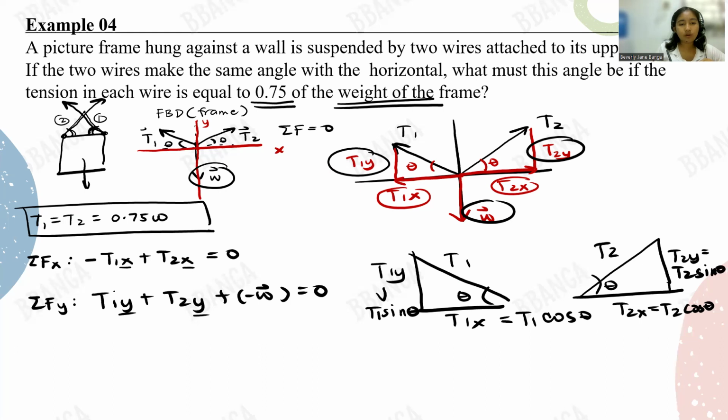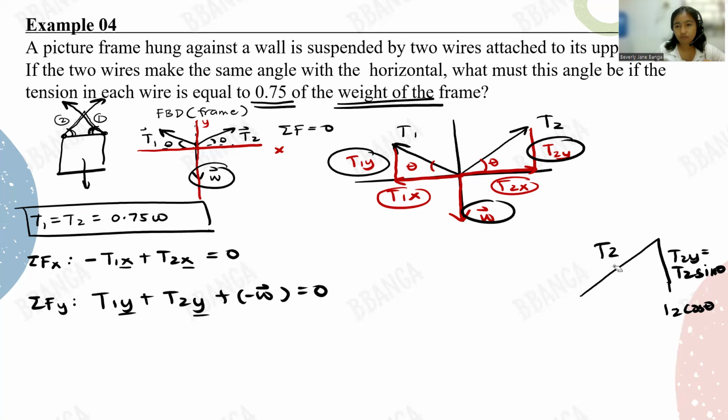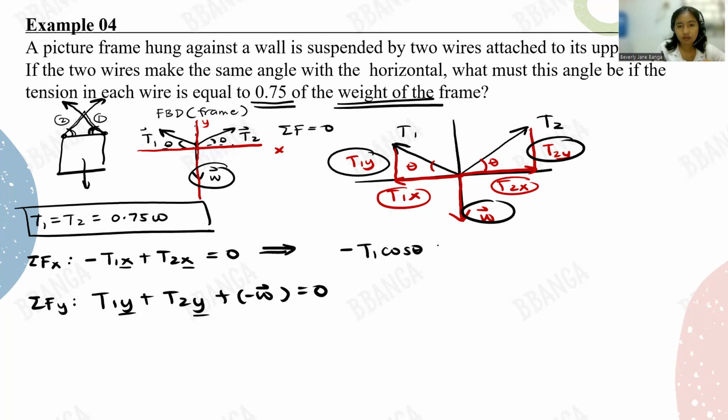Okay? So I'm going to rewrite this equation. Palitan ko na to at tanggalin ko na to since na ayos naman na natin. So we simply have negative T1 cosine theta is equal to, tanggalin ko na yung negative kasi parang ililipat mo lang siya dito.